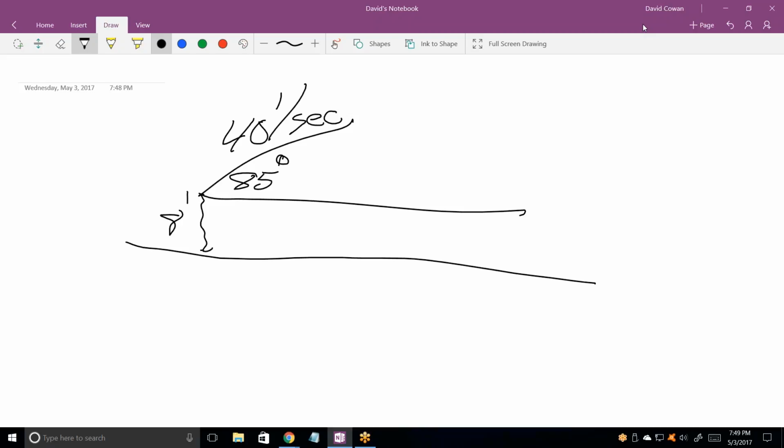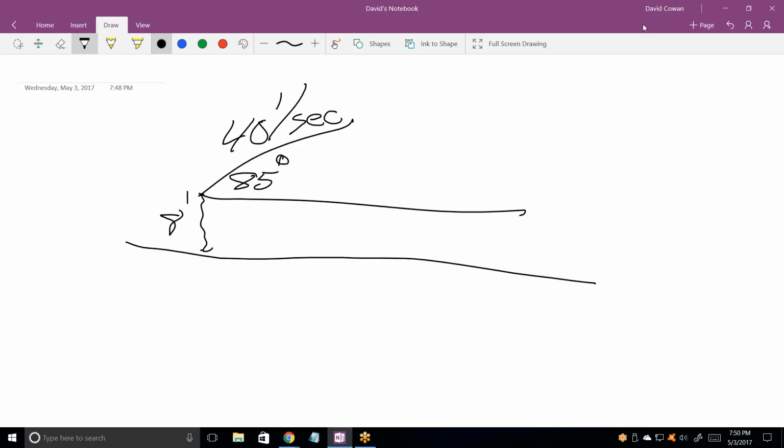Well, what we have is two components to that slingshot, or the rock. A vertical and a horizontal one. We want to figure out both of them, because the vertical component is affected by gravity. The horizontal component is not. This slingshot is going to go horizontally as long as it's in the air.